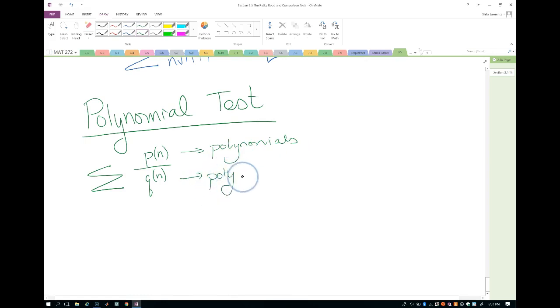And whether this converges or diverges is based on the degree for P of n and Q of n.